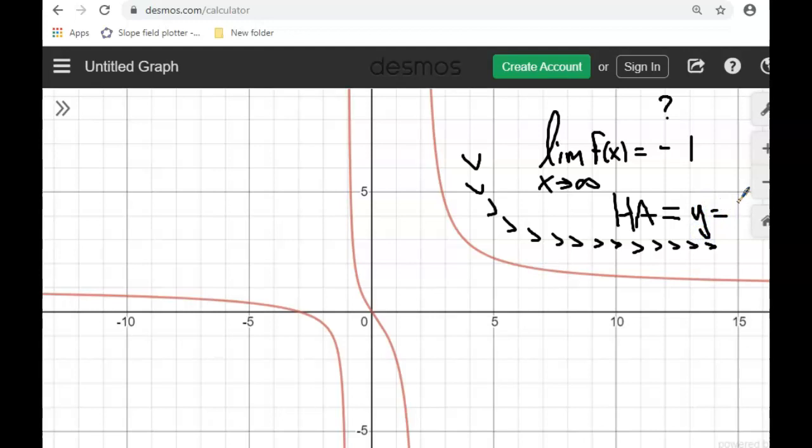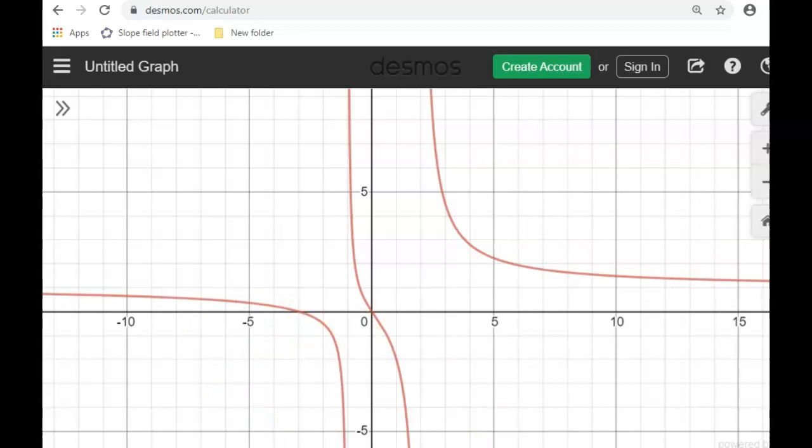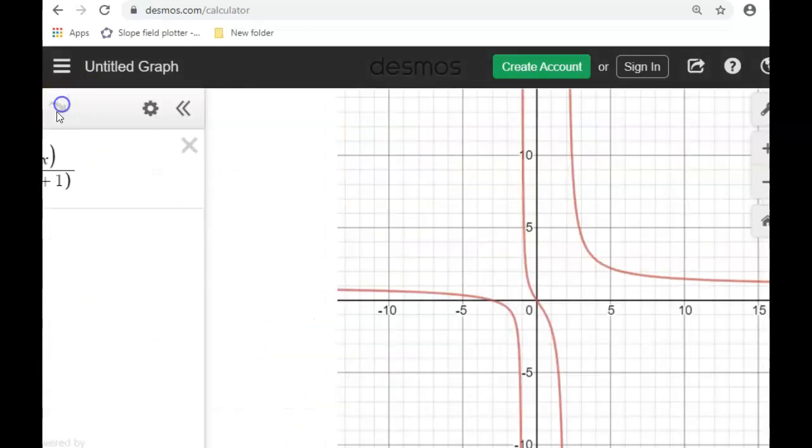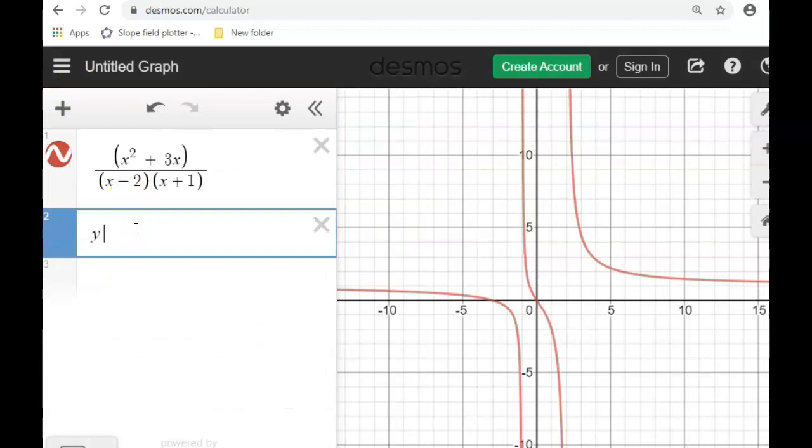And as you can see, the same thing is on the left side. As I move to the left forever, it's approaching the same horizontal asymptote, which is approximately a y value of 1. So I can go ahead and draw the horizontal asymptote on there, and you can see what I'm talking about.